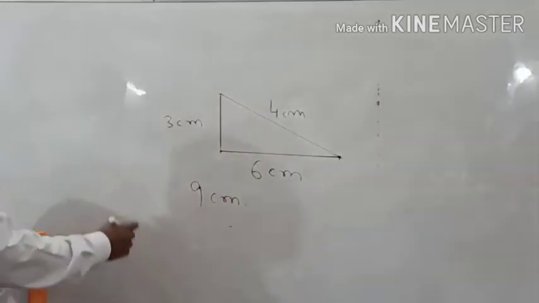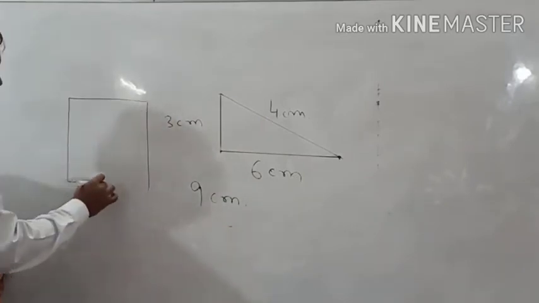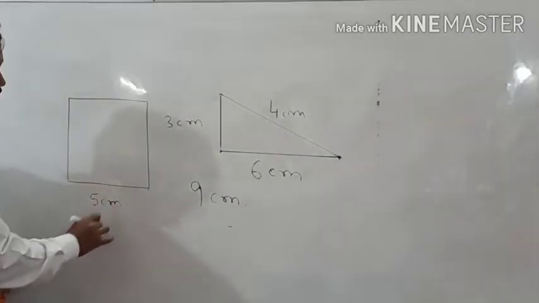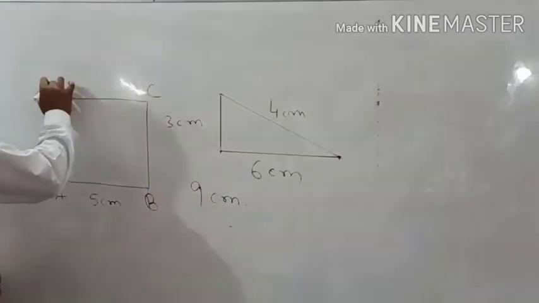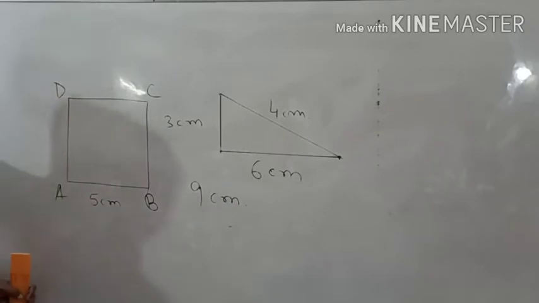Now after that, if you draw a square, in case of a square the four sides are of equal length. Suppose 5 centimeter is the length of one side, and the square is A, B, C, D. So this will also be 5 centimeter, this will also be 5 centimeter, and this will also be 5 centimeter.